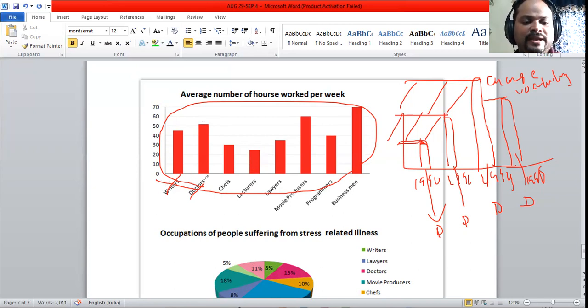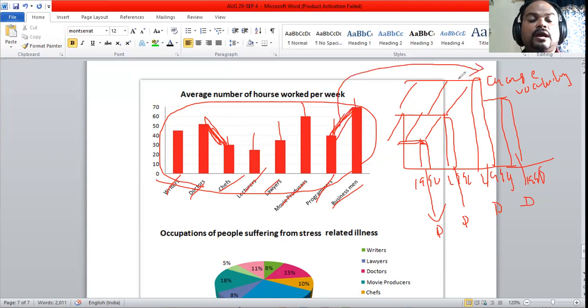We have writers, doctors, chefs, lecturers, lawyers, movie producers, programmers, and businessmen. All these bars are different. It shows there is no increase. I cannot compare these two. Can I compare these two?